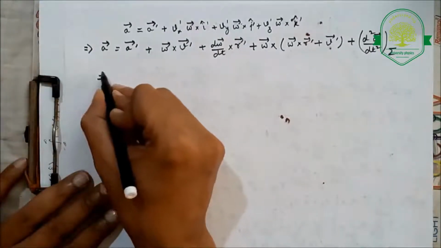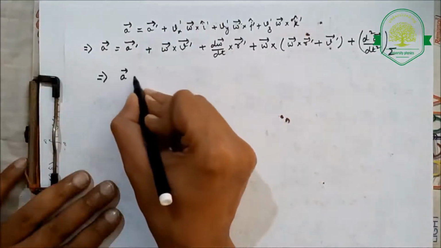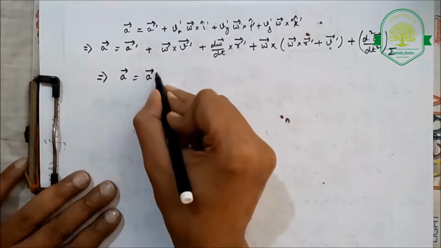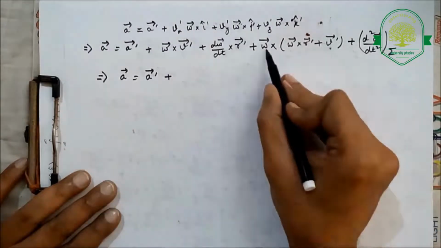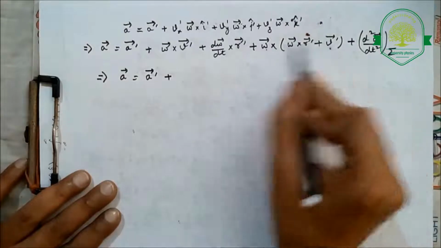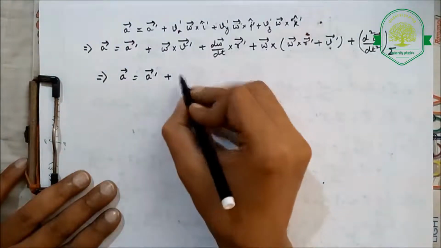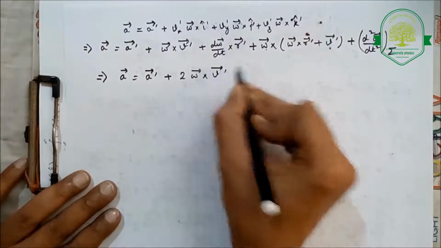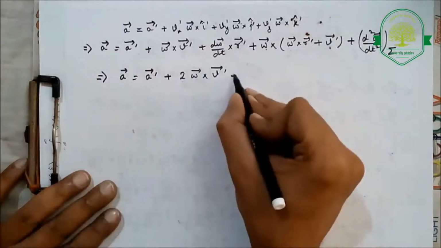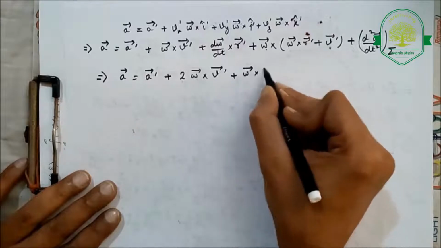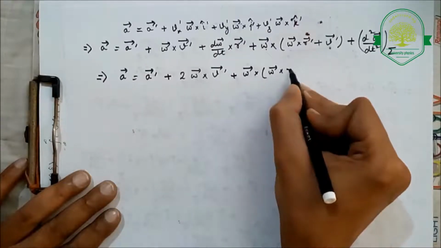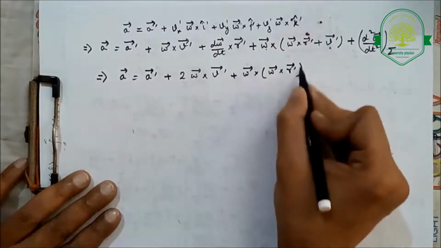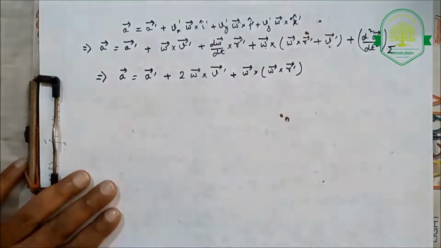So finally we get a vector equal to a primed vector plus, I have an omega cross v primed from here, another omega cross v primed from here, so I have a 2 omega cross v primed. I have an omega cross omega cross r primed. This is my centrifugal acceleration term, this is my Coriolis acceleration term.